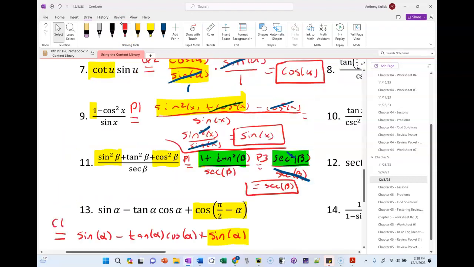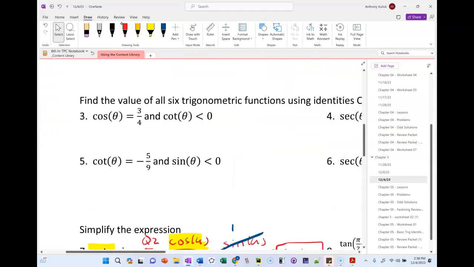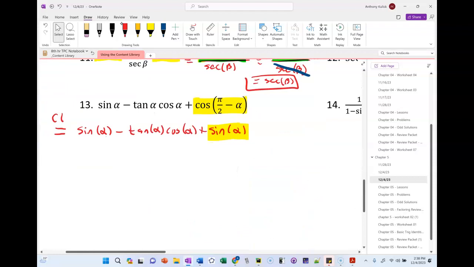Good. Next up would be Jake and Dom. What are you guys thinking? Identity. Great. Which identity do you want to use?